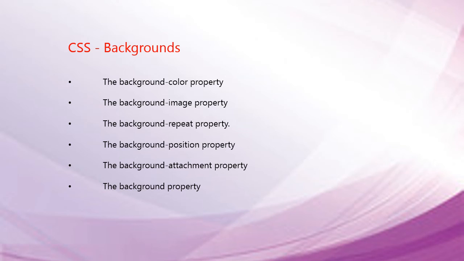Background position property is used to control the position of the image in the background. The background attachment property is used to control the scrolling of the image in the background. Background property is used as a shorthand to specify a number of other background properties.